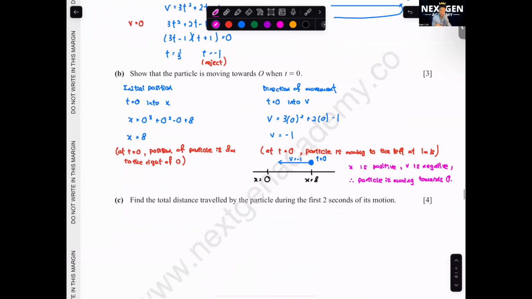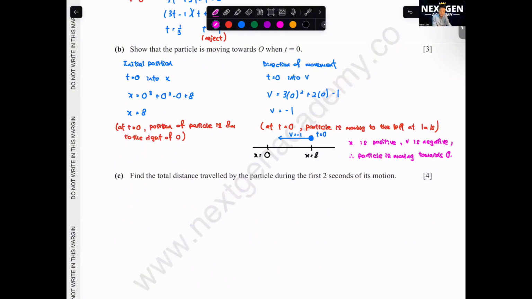Okay, question C. Find the total distance traveled by the particle during the first 2 seconds of its motion. When we see the words total distance, what do we need to check? Is there a difference between the question total displacement and total distance?